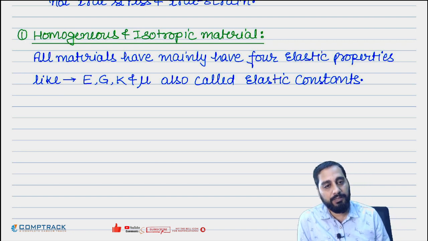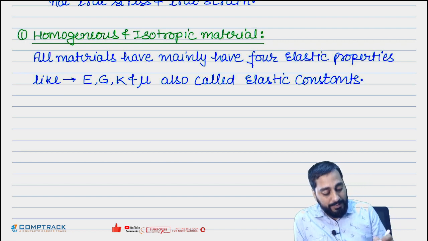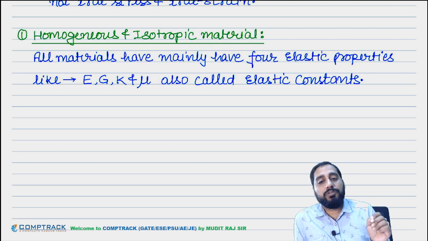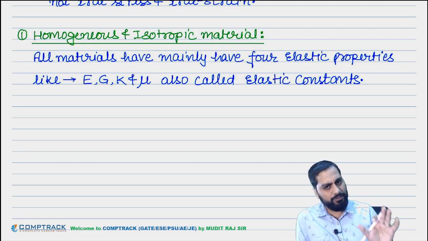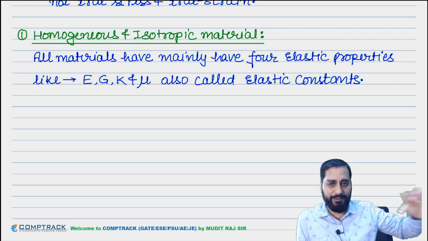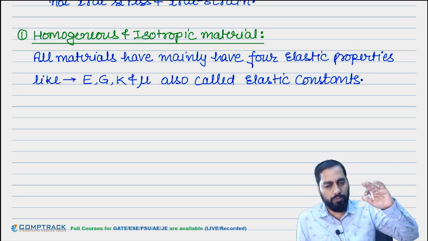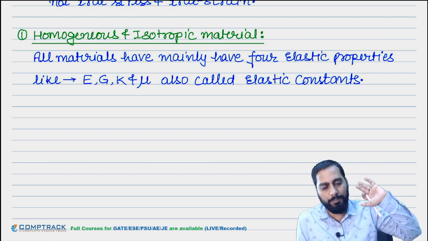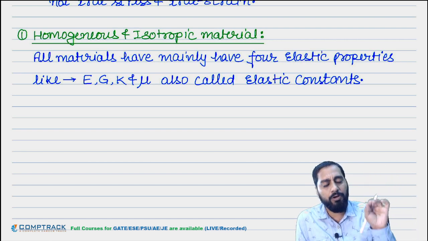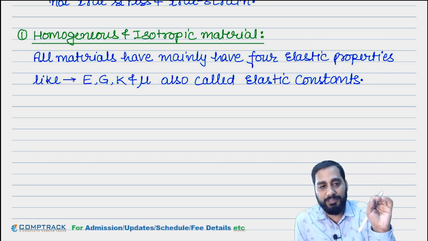Okay. Now, E क्या है? Young's modulus of elasticity. These also we will discuss separately in very much detail after this chapter. For now, E is Young's modulus of elasticity.